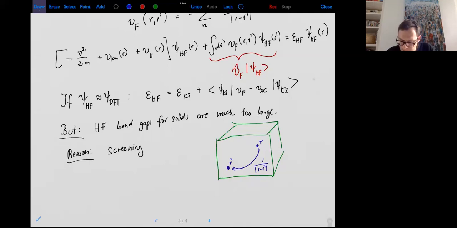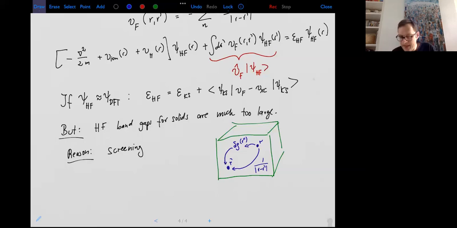But this completely ignores the fact that there are many, many other electrons around. And these electrons also react to the presence of these 2 charges. So what's happening is that the presence of the first electron polarizes all the other electrons in the material, which we describe through a polarization density delta rho. And then this polarization density delta rho itself interacts with the second electron.